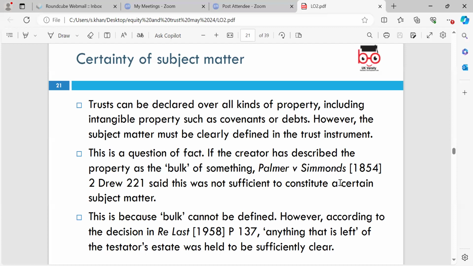For example, if a testator leaves all my shares in British Gas on trust for my four children equally, there is certainty of subject matter because there is certainty of property, which is the shares in British Gas, and there's certainty of beneficial interest, which is that each beneficiary is entitled to a quarter share.